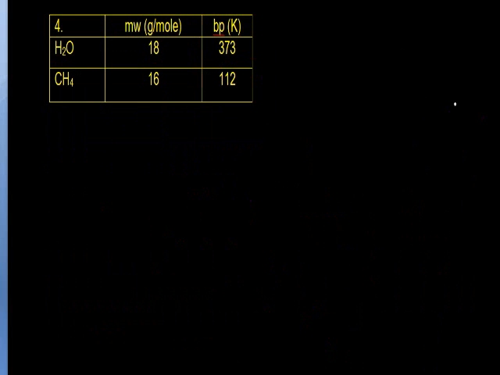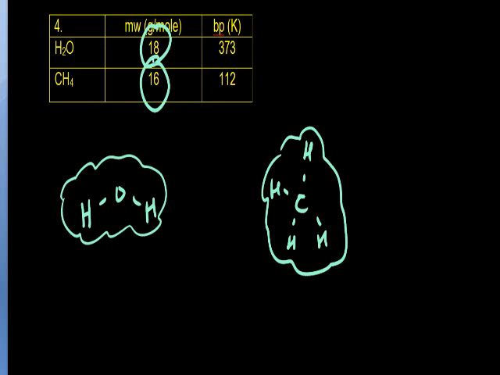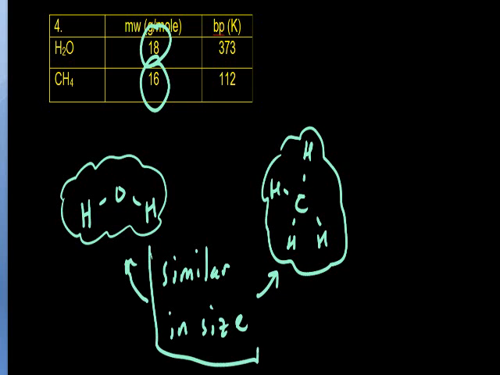The next pattern, we have two molecules, water and methane, where we can see that their masses are relatively the same. We would expect the electron clouds between water and methane to be fairly similar in size.